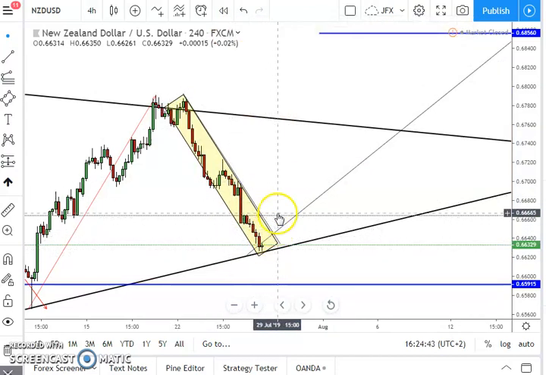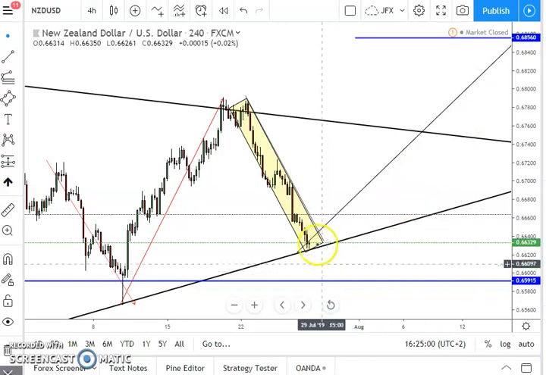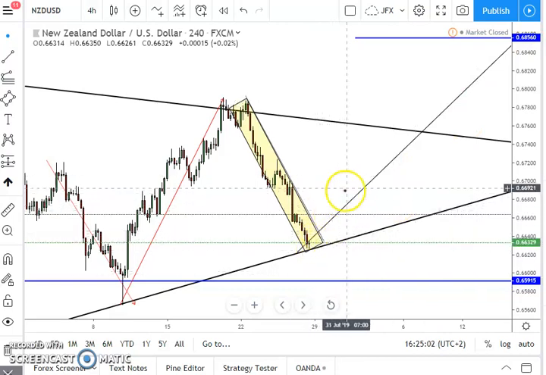If we break above, that means now we're coming to our target of, sorry about that, 0.68560. That's only if we break above this box right here.